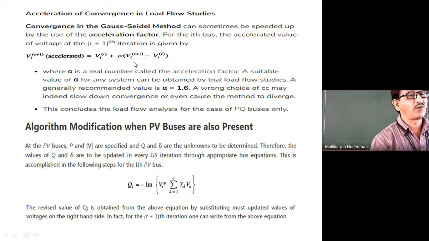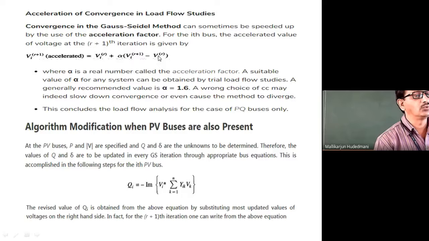That is the difference between the current value and the previous value, what we call the mismatch or displacement, delta V. Rather than simply adding delta V to the previous estimate to get V_i^(R+1), we multiply it by alpha, which makes the mismatch rise faster to get a better V_i^(R+1). Suppose alpha goes to 0; then V_i^(R+1) equals V_i^R itself, because alpha multiplied with delta V goes to 0, and there is no acceleration.